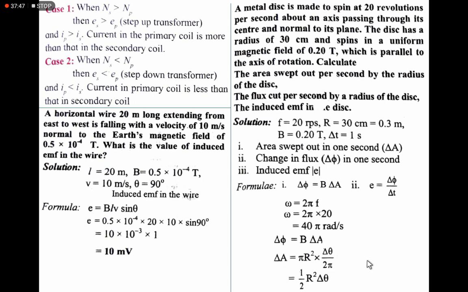Then the area will be half r square delta theta. Here the change in area in the revolution, the spinning motion of the disc, is half r square delta theta.